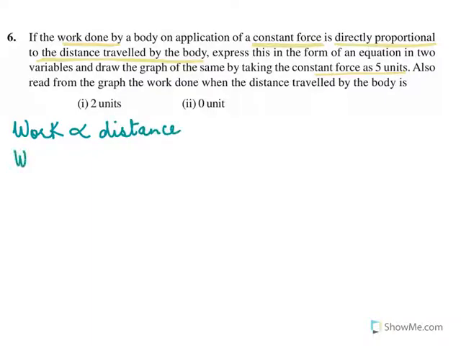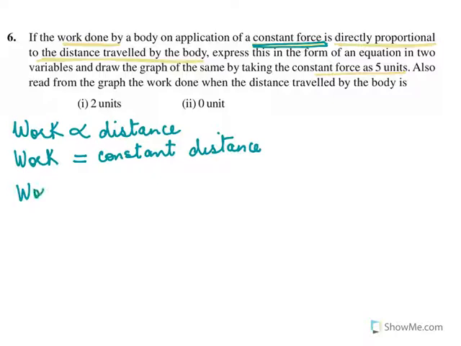Now in maths, when we have work and the proportional sign we make into equal, we always introduce a constant. This would be distance. And now in this case it's a constant force, so work equal to this constant.